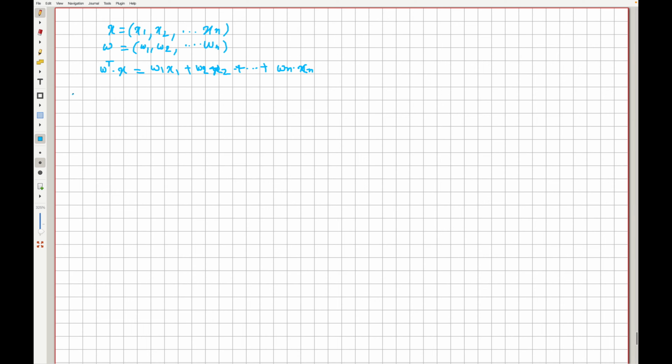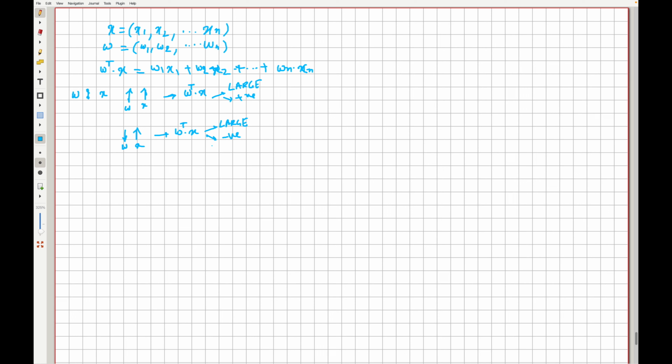If w and x are pointing in the same direction, then the output of w transpose x is a large, positive value. If w and x are in opposite directions, then this inner product or dot product can be large, but it would be negative.